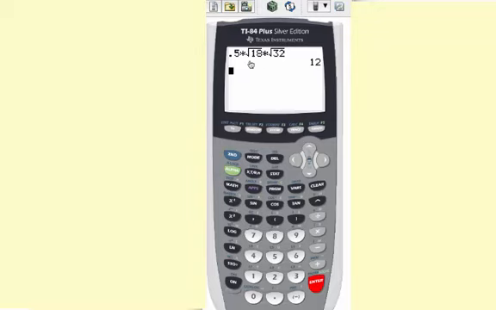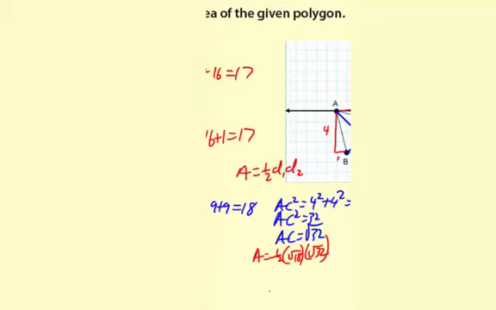And once again, the area worked out to be an integer. I'm going to put square units as my unit of measure.